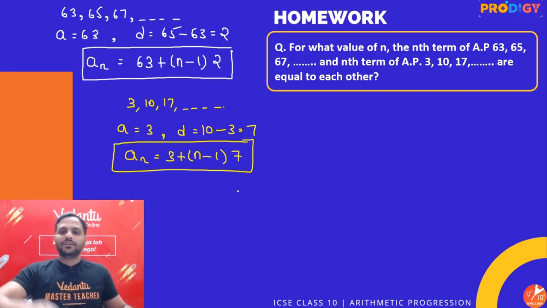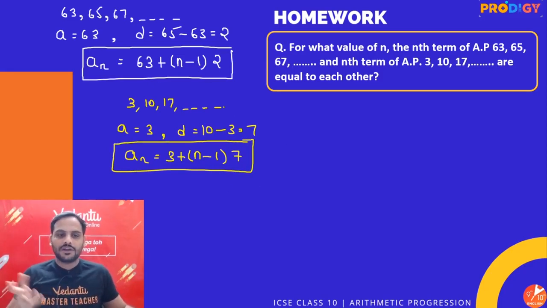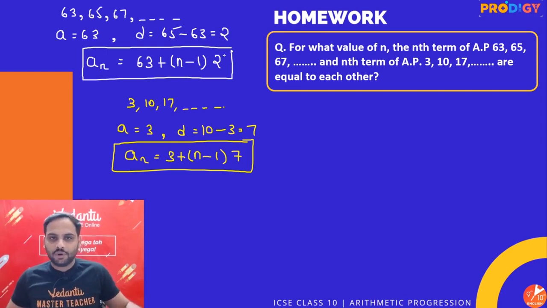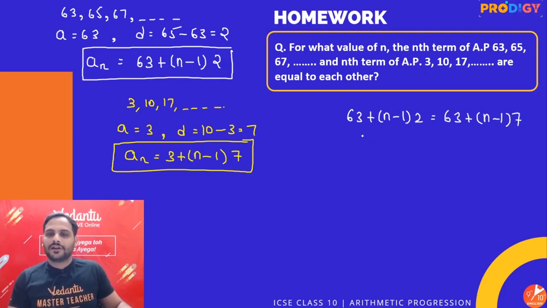Now I know that for some value of n, these two terms are equal. So to get the value of n, both must be equal. So 63 plus n minus 1 into 2 is equal to 3 plus n minus 1 into 7. I'll shift this 3 over there, and n minus 1 into 2 over there.